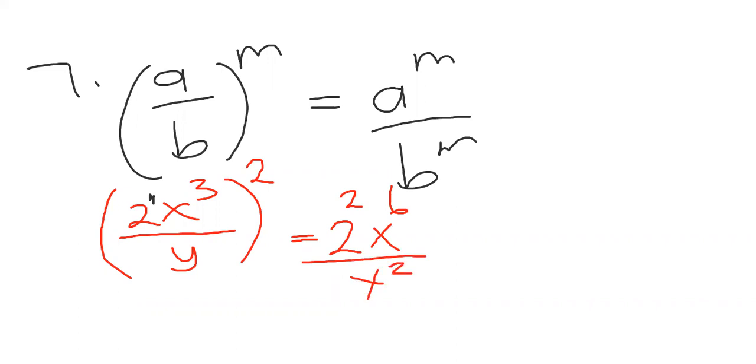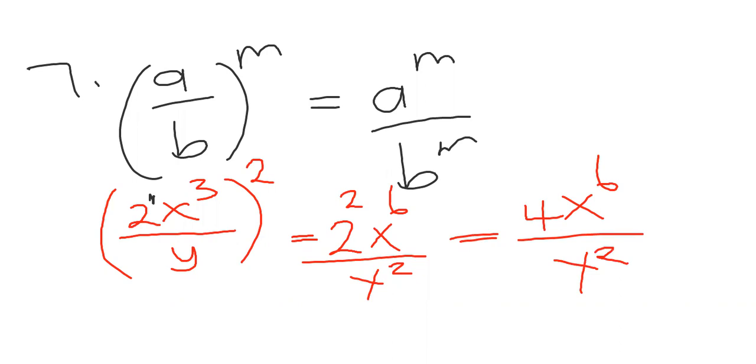Where do we get the x to the power 6 from? We get it from 3 times 2, which is 6. Then the 2 to the power 2, we get it from 2 times 1, we get a 2. Then simplify your expression. 2 to the power 2 is 4. Then you are still going to have your x to the power 6 there. Then everything divided by y to the power 2.